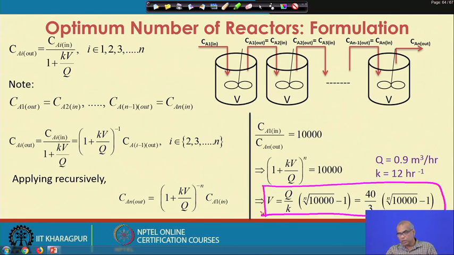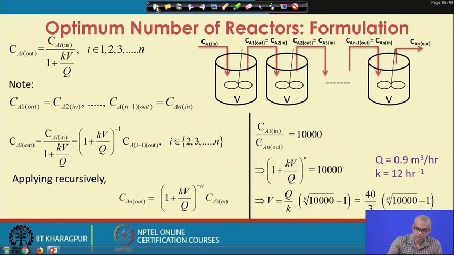So, we get V equal to 40 by 3 into (10,000^(1/n) minus 1). So, I have been able to express V as a function of n. Note that this V is the volume of each reactor.